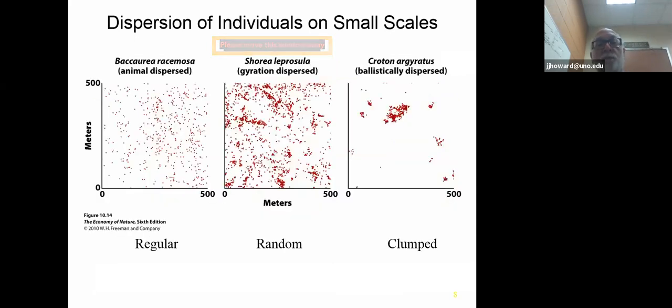Here's an example of real world dispersion patterns that I had a hand in measuring. These are three species of plants in the rainforest of Barro Colorado Island in Panama. My first job as a graduate student was to go down to Panama with my major advisor and survey, that is, lay out a plot in the rainforest where we measured the location of every single plant, more than 250,000 plants.